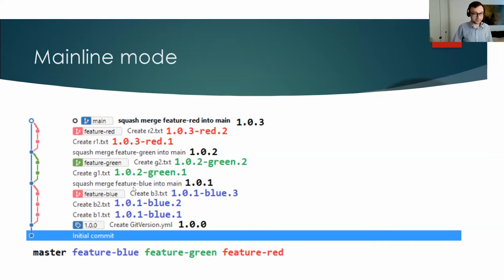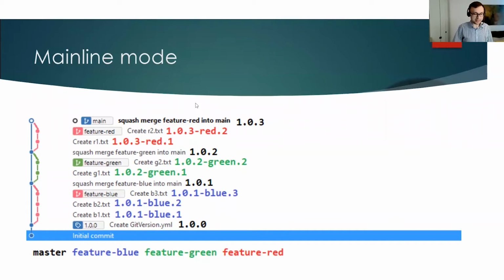So again, a stable version and increased patch number. Same happens after I worked on the feature green and the feature red. So after merging those 3 features, our patch number changed to 3.